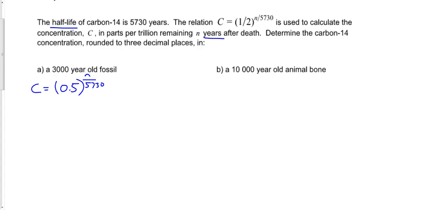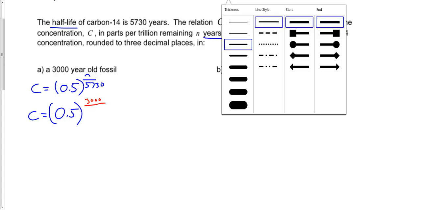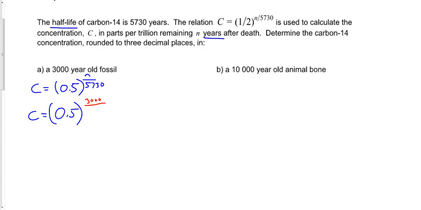So I'm going to substitute in my value. It tells me that the fossil is 3,000 years old, okay? And so n represents the actual amount of time that has gone by. So I'm going to put in C is equal to 0.5 times 3,000 divided by 5730. Okay.